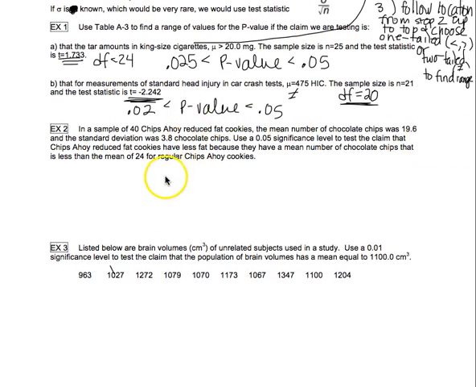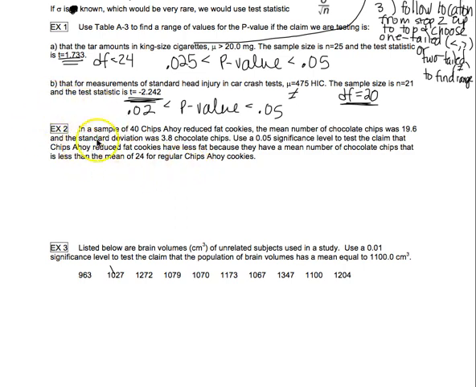It's just that in this section, 8.3, we're strictly using a mean, which tells us that generally we're going to be using T unless our population standard deviation is known. The only time we use Z is if we know the population standard deviation.